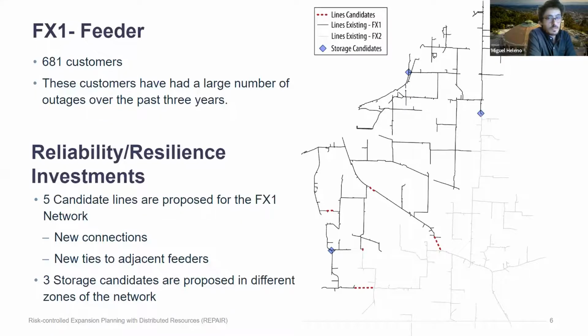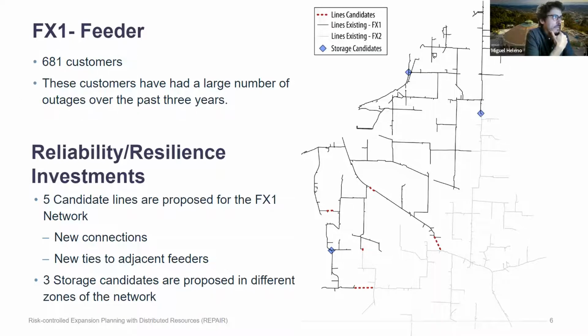This demonstration was done in collaboration with Commonwealth Edison, and we worked with the reliability program at ComEd, and this is one of their targeted feeders. So feeders that have a large number of outages over the last 3 years are part of the feeders that are receiving investments, reliability investments in this case.